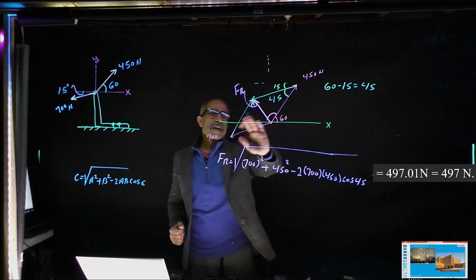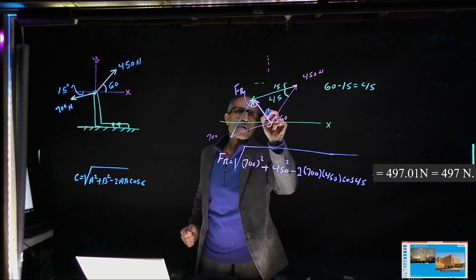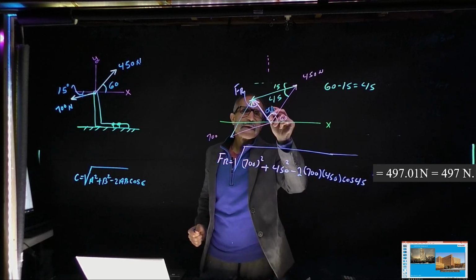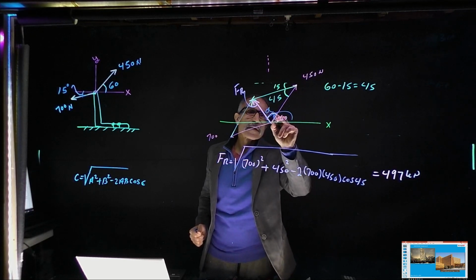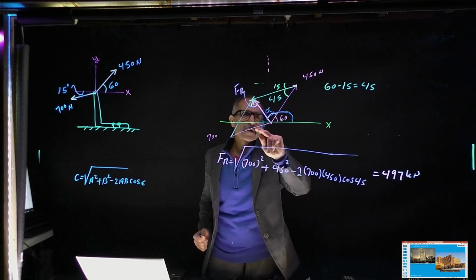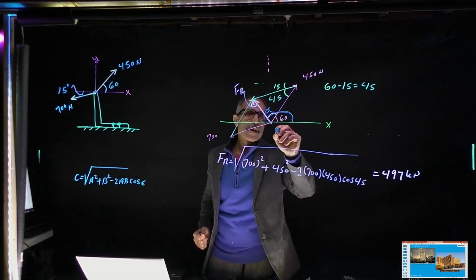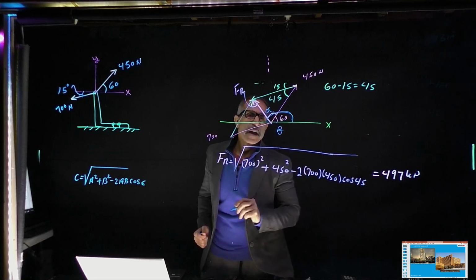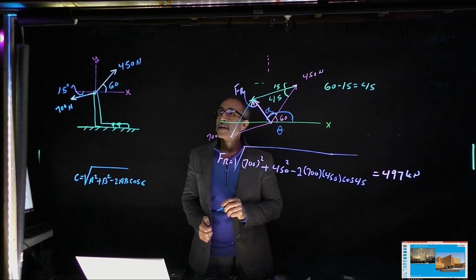Okay, let's find the angle. So let's call this angle right here between them alpha. And this angle from here to here, I don't have room, that's why I'm going to call the whole thing theta. Let's figure out what our alpha is going to be.